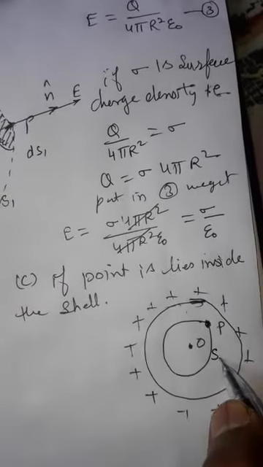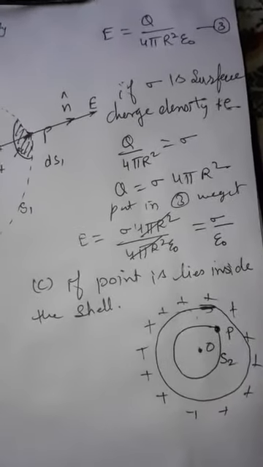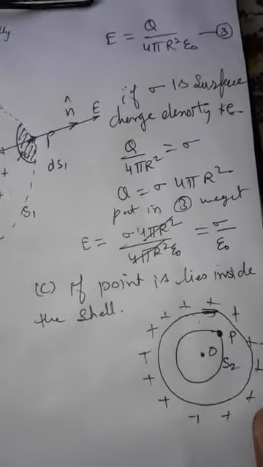So this is the second surface S2, which is called the Gaussian surface in this case.